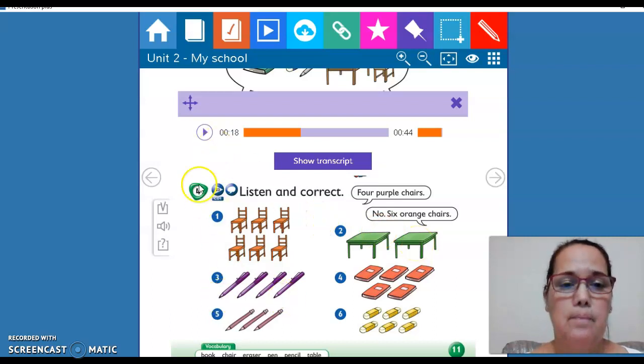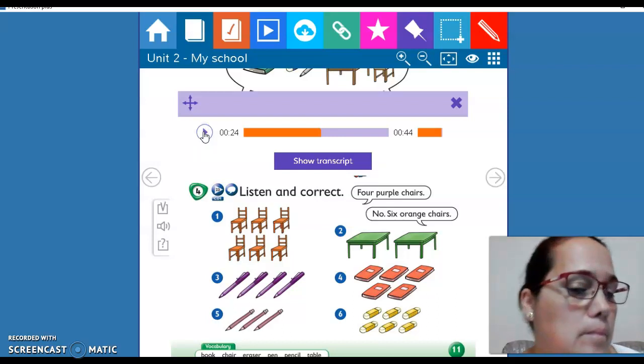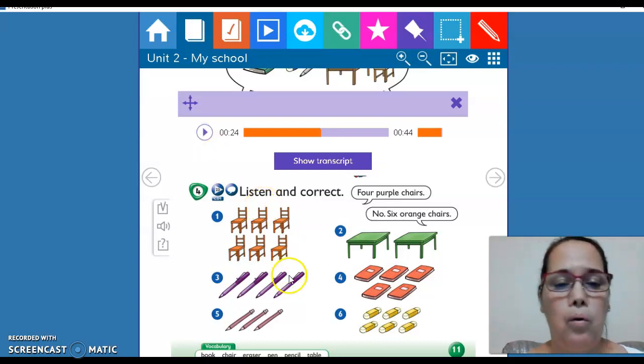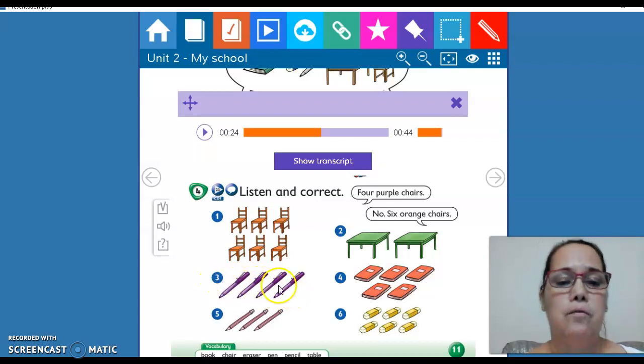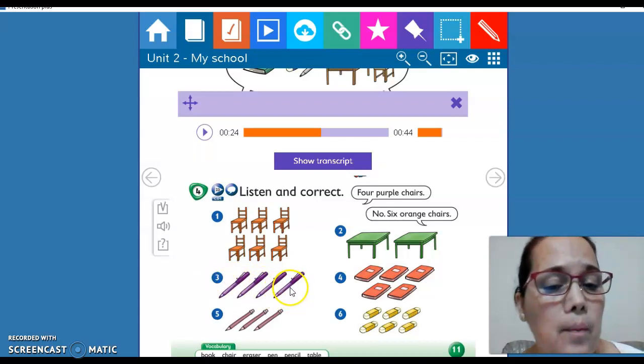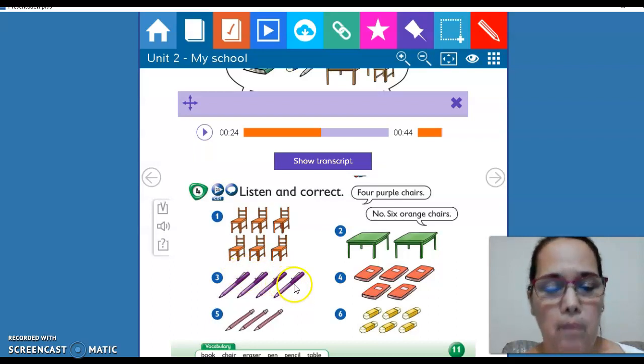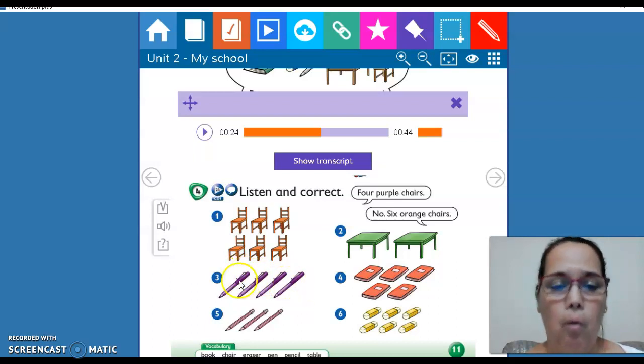Number 3. 3. 6 red pens. No. How many pens are there? Yes, 4. What color are the pens? Purple. Very good. 4 purple pens. Okay, let's continue.